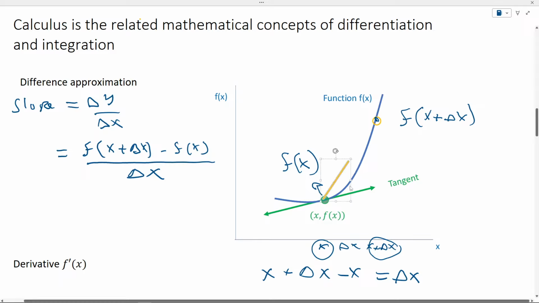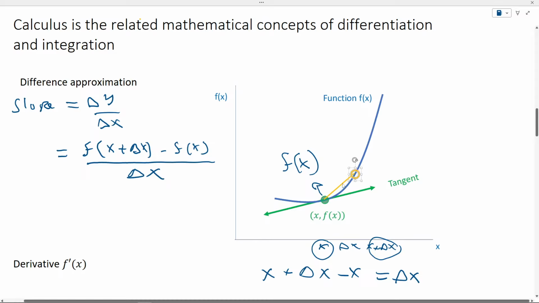Let's make this line a little bit shorter. If we make this line a little bit shorter, and then make a point here and bring this point here, you see that as we make this delta x shorter, these two things are approaching together.